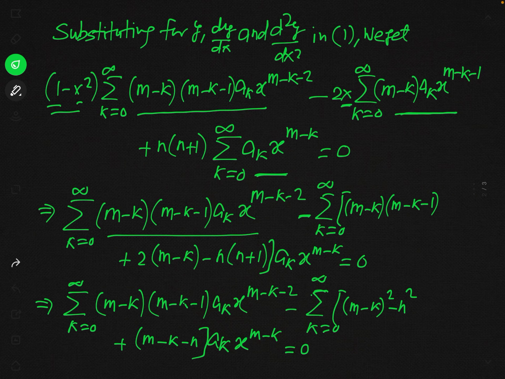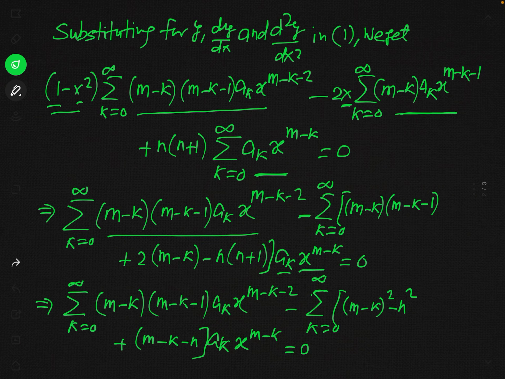And so you can see, if we take this minus as a common factor, then the first term will be m minus k into m minus k minus 1 ak x to the power m minus k, and ak has been taken as a common factor.